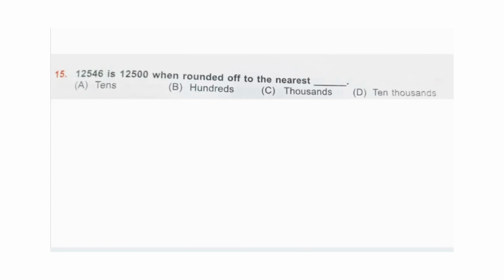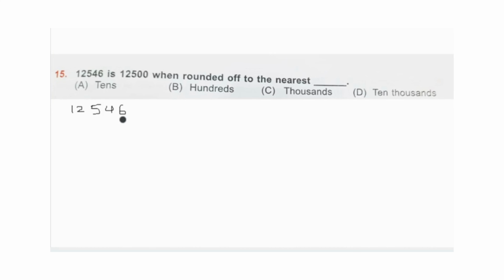Let's look at question number 15. Here the question is: 12,546 is 12,500 when rounded off to the nearest what? So let's write down the number first, 12,546. And the options are tens, hundreds, thousands, and 10,000. So let's start with the basic unit.